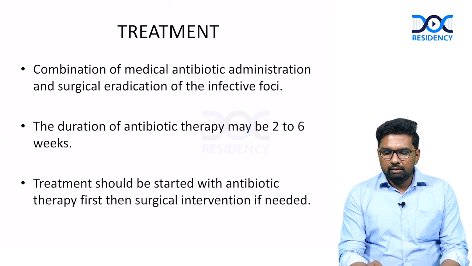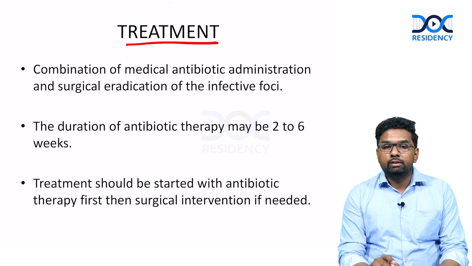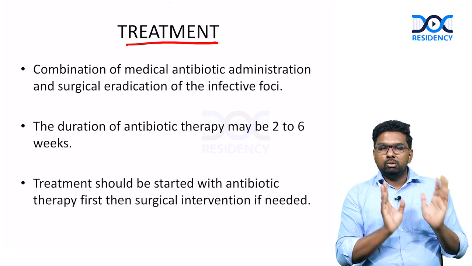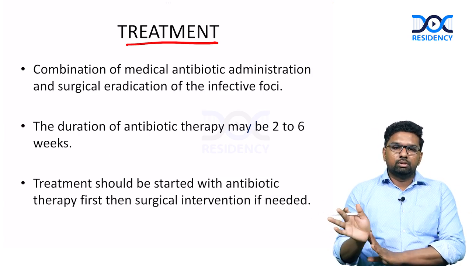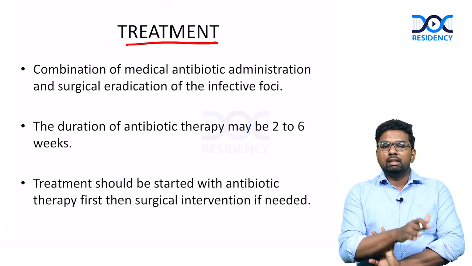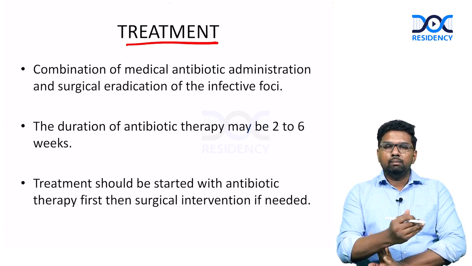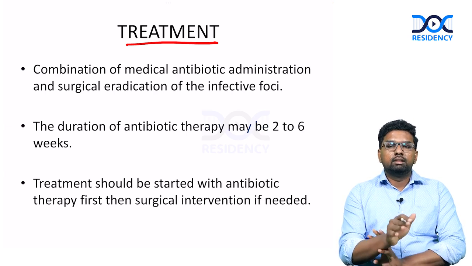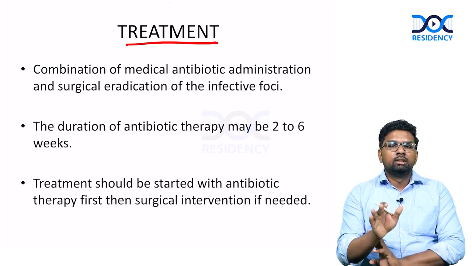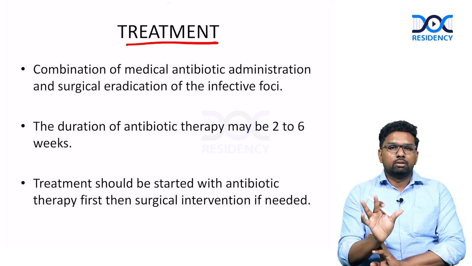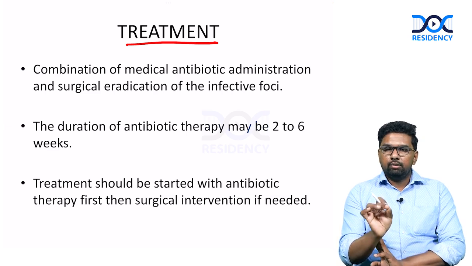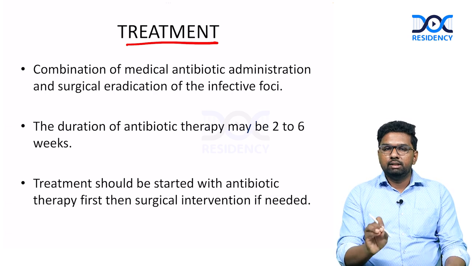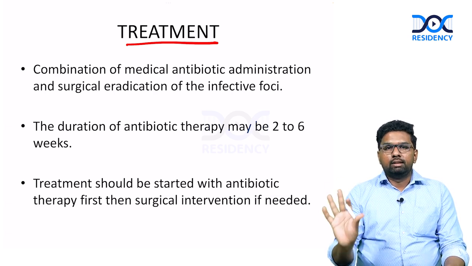So coming to the treatment part, the treatment of infective endocarditis is both medical and surgical management. First we should start with medical management, that is, giving an adequate, appropriate antibiotic, followed by surgical eradication of the infective focus. The focus of infection should be removed by surgery with antibiotic coverage.